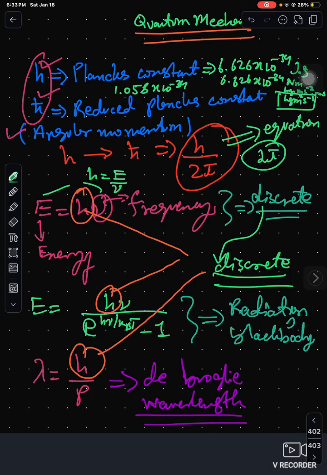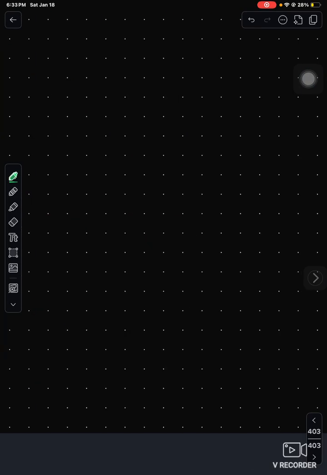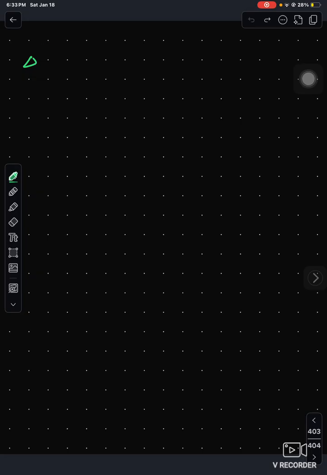So what else do we have in this topic, h bar or h? Blackbody radiation is this. And one more equation I forgot, which is the Heisenberg uncertainty principle, also one of the famous ones.